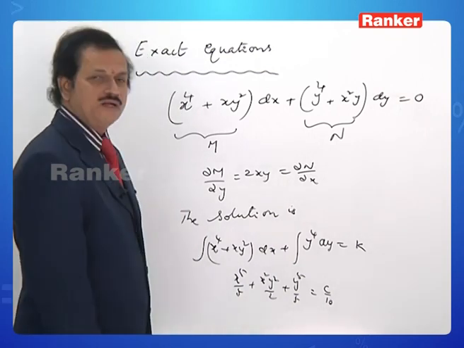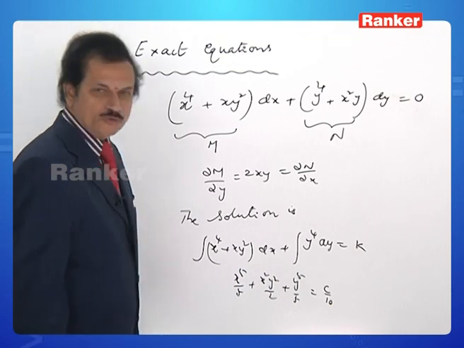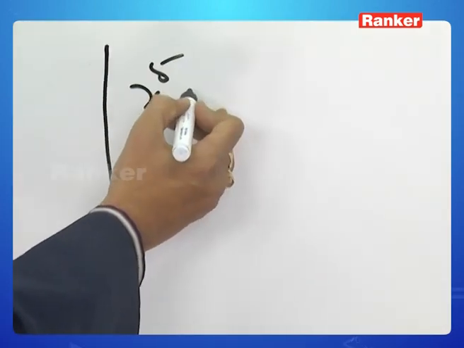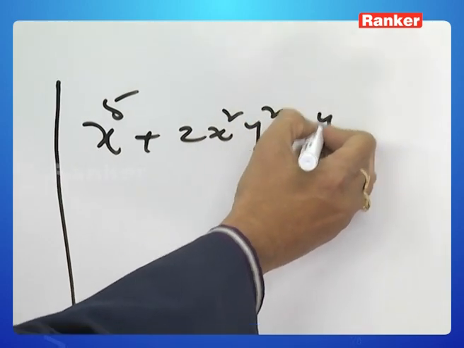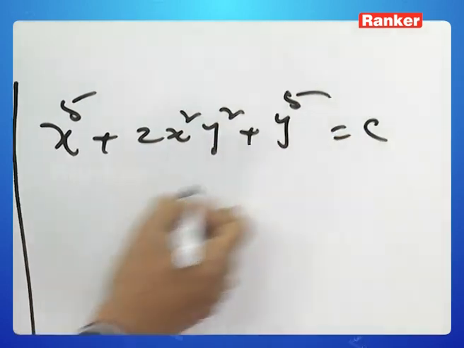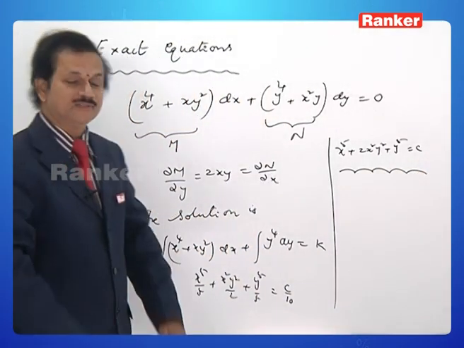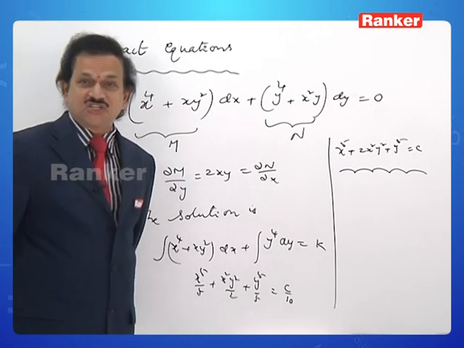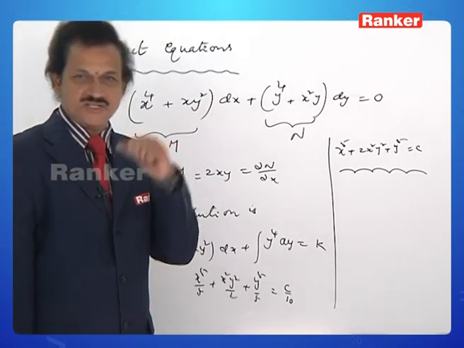That's all. Now you multiply the entire equation by 10. What happens? x to the power of 5 plus 2x square y square plus y to the power of 5 is equal to constant. That gives us the solution. So that is the utility of these exact equations.